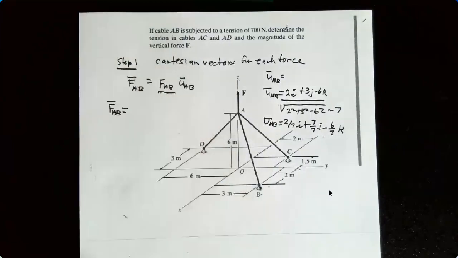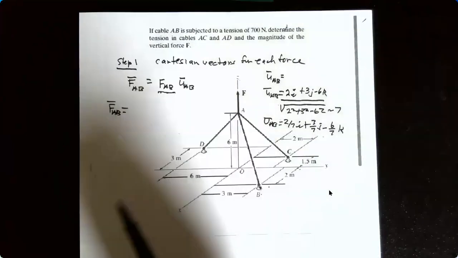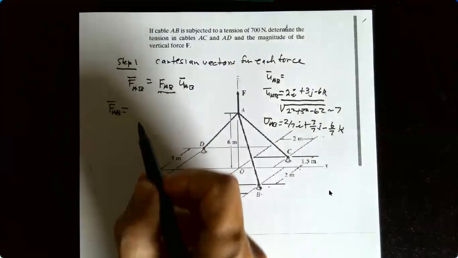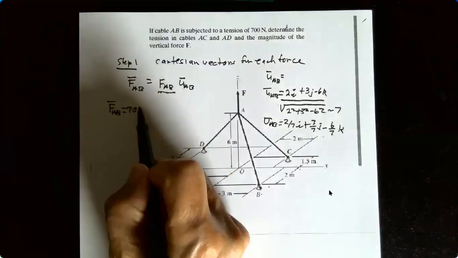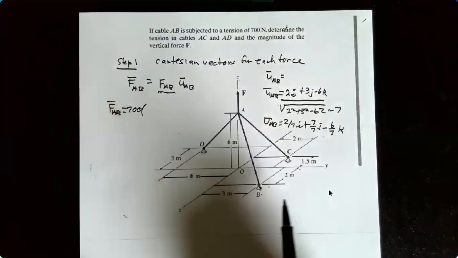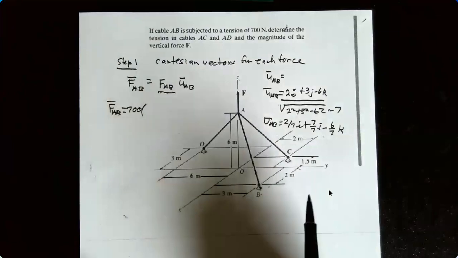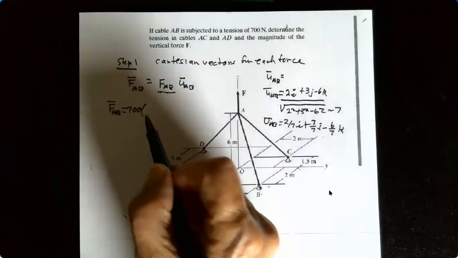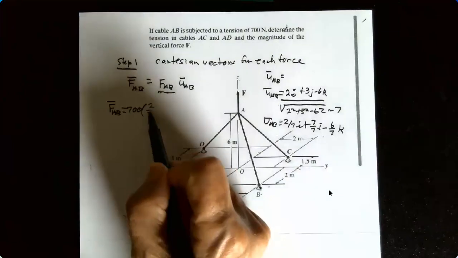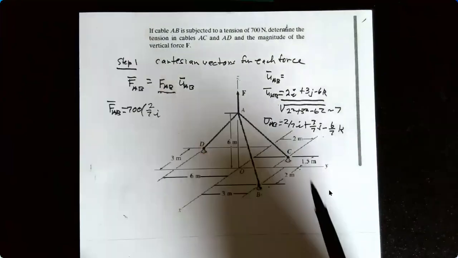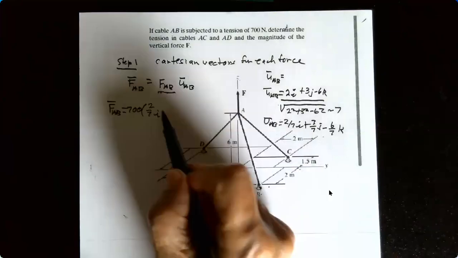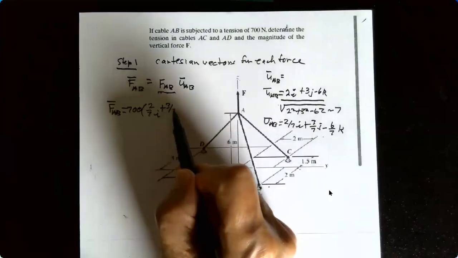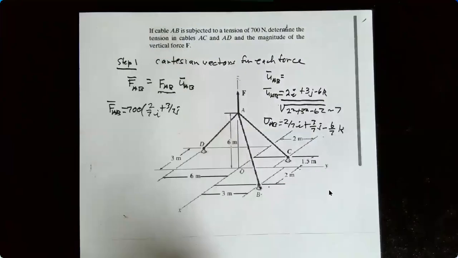That's the one value that's given. It's 700 newtons. So we write the scalar. So this is 700 times the unit vector, which is 2/7 I plus 3/7 J minus 6/7 K.